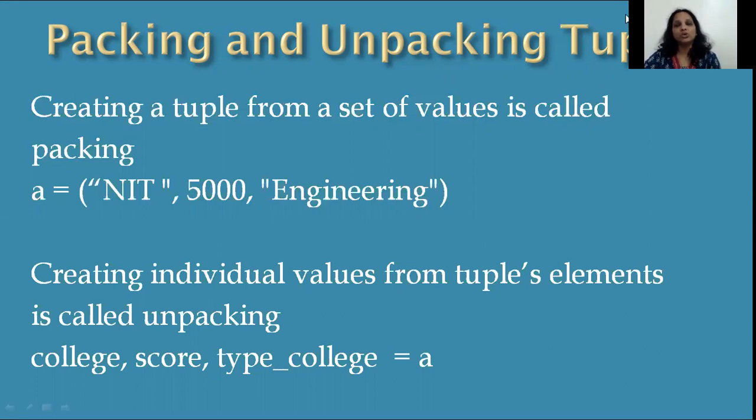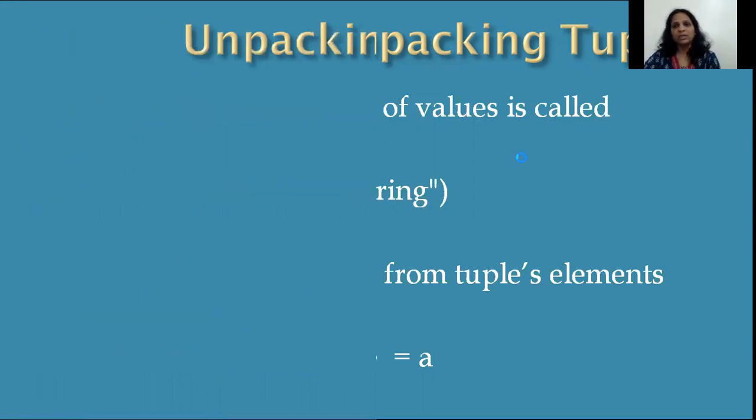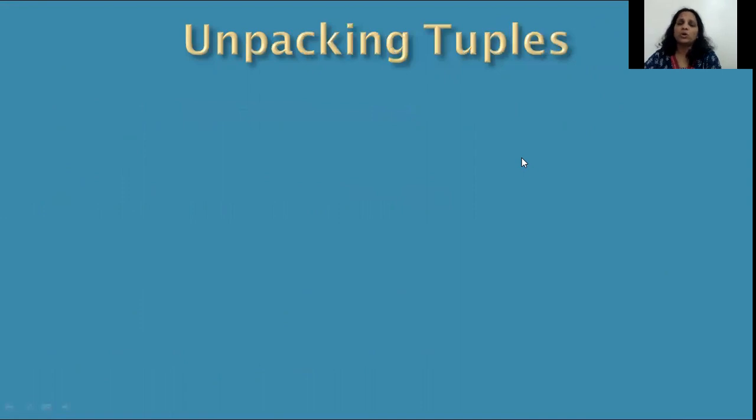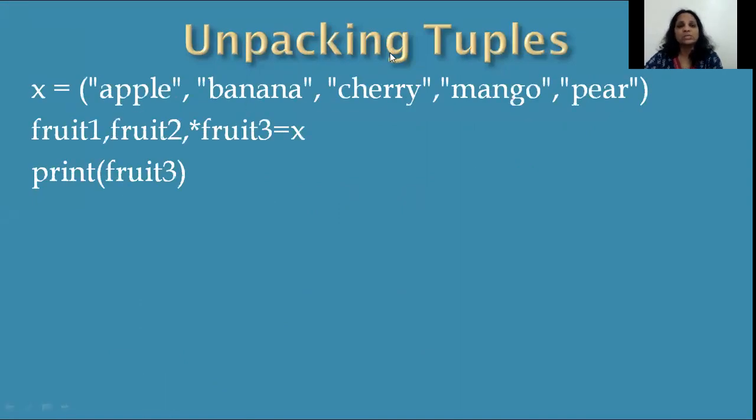But I want to show you something different that's not in your syllabus. Suppose I have a tuple, as I've shown here. And now I've written only 3 variables: fruit1, fruit2, *fruit3. Does it cause an error? No, because of the asterisk sign that you put here.